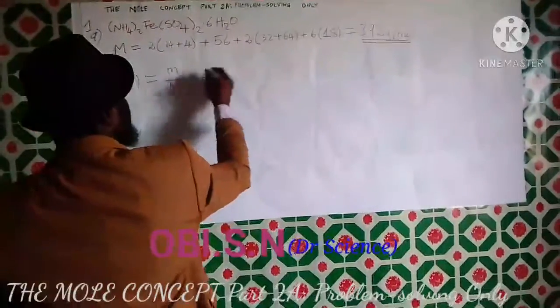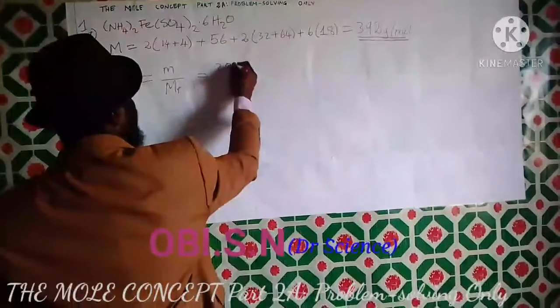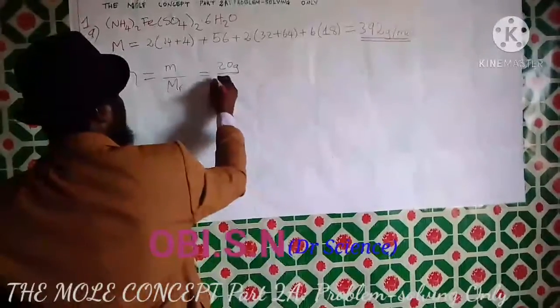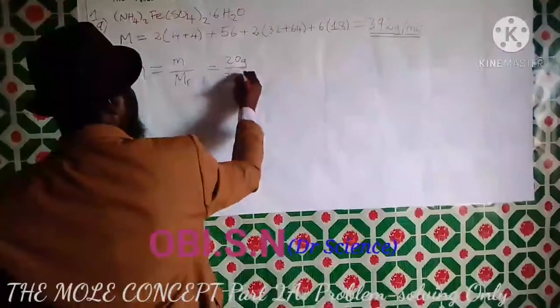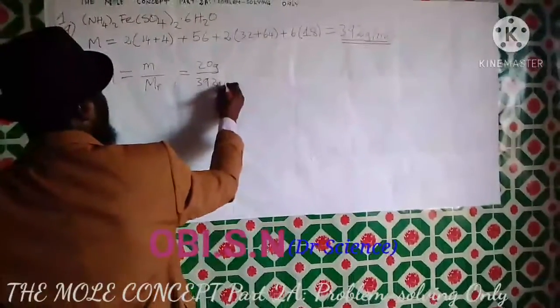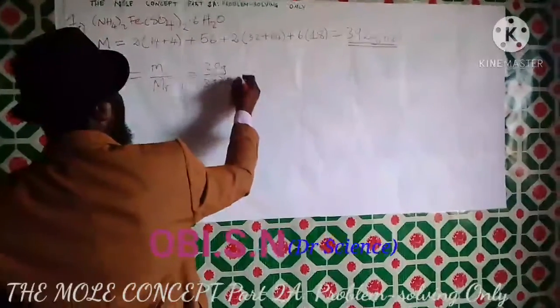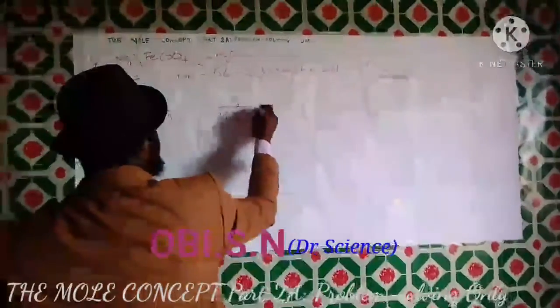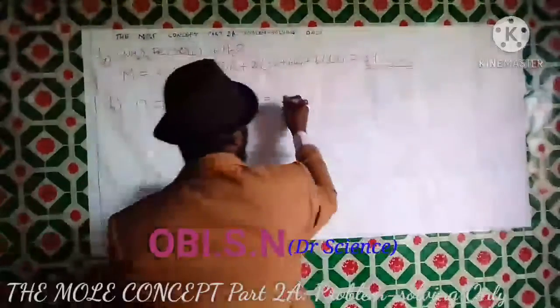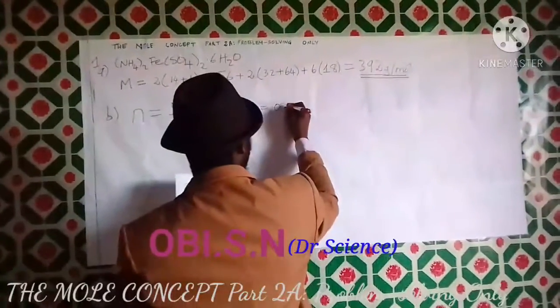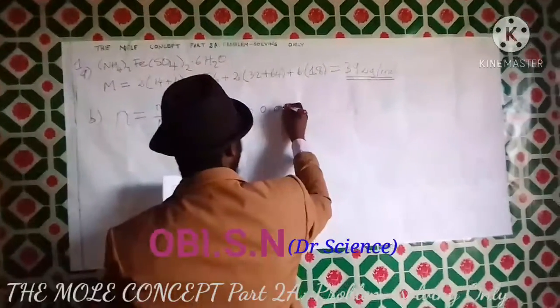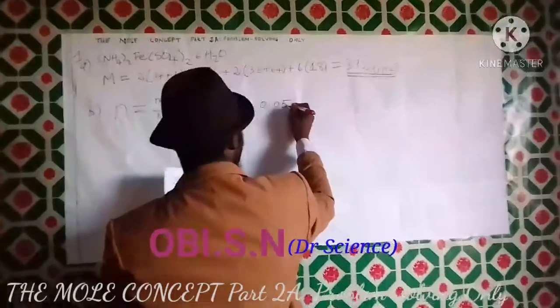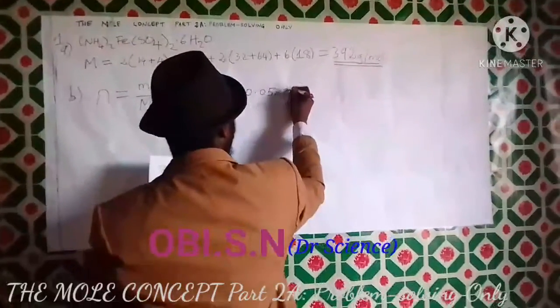So we can simply substitute 20 grams divided by 392 grams per mole. This will give us 0.05 mole.